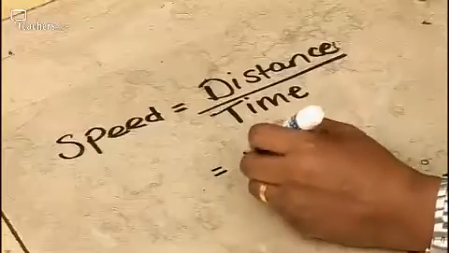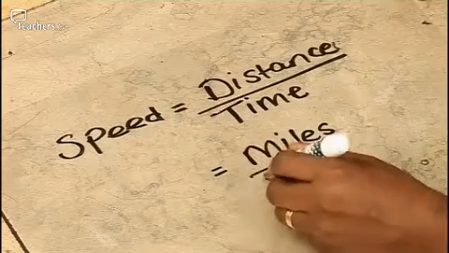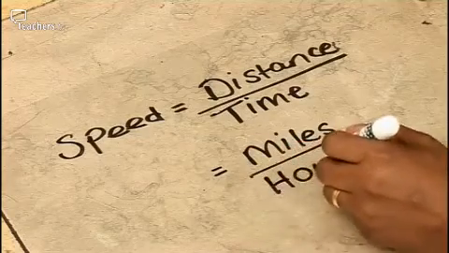Speed is the distance covered divided by the time taken, which in this case is miles divided by hours, or miles per hour. Now, we know the distance from London to Plymouth is 240 miles, and the time taken is 3 hours and 23 minutes. So now you can work out the average speed of the train.